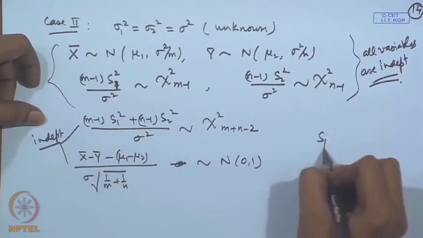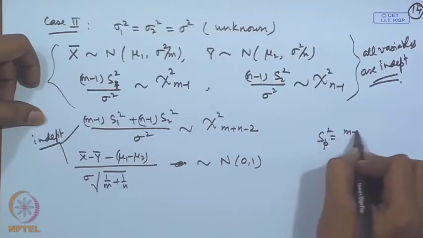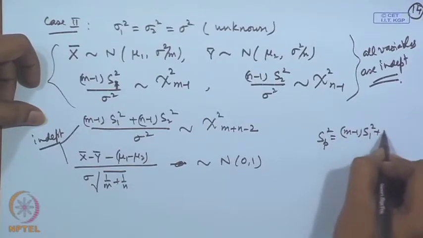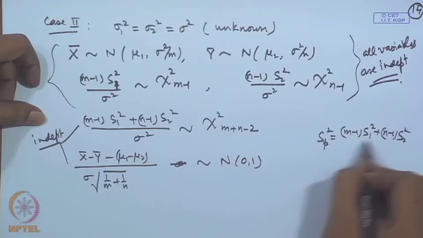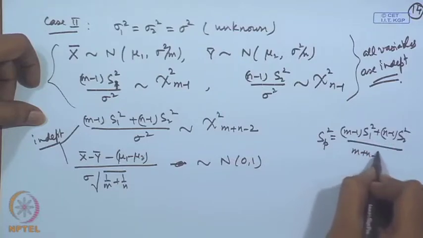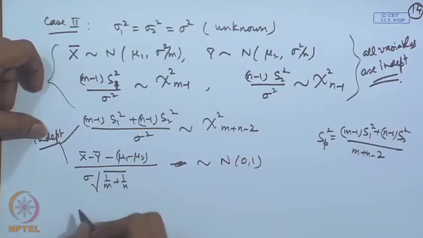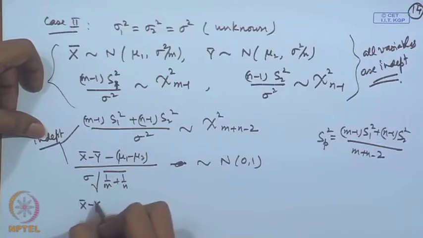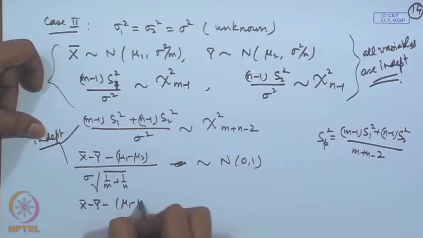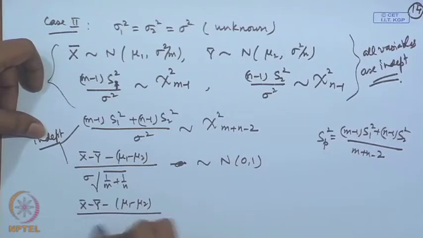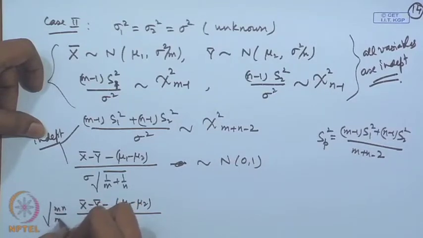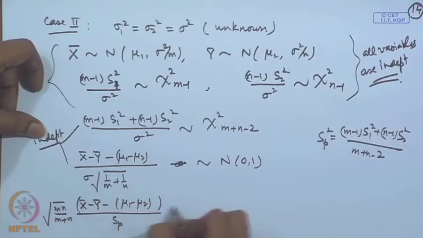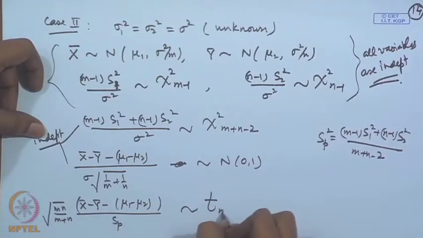And let me define Sp square as (m minus 1) S1 square plus (n minus 1) S2 square divided by m plus n minus 2. Then x bar minus y bar minus (mu1 minus mu2) divided by Sp square root of (mn by m plus n) will follow t distribution on m plus n minus 2 degrees of freedom.